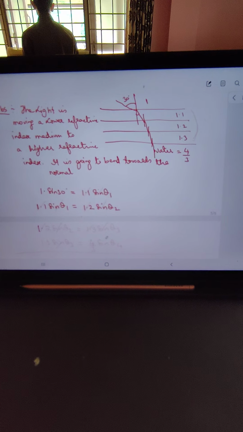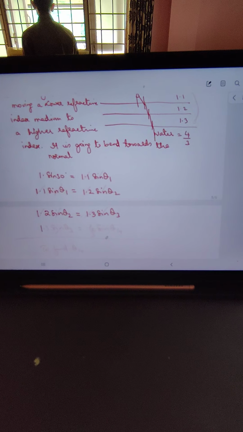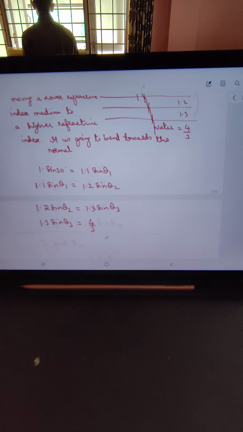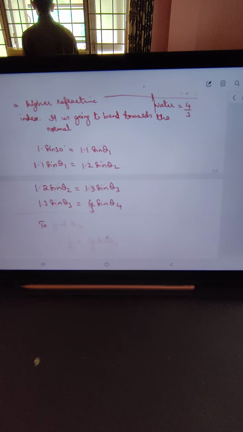Again we can write 1.2 into sine theta 2 is equal to 1.3 into sine theta 3. 1.3 into sine theta 3 is equal to 4/3 into sine theta 4. And we are asked to find theta 4. So basically we don't want theta 1, theta 2, theta 3 anyway. So what we can do is multiply these four equations, the left hand side with the left hand side and the right hand side with the right hand side.